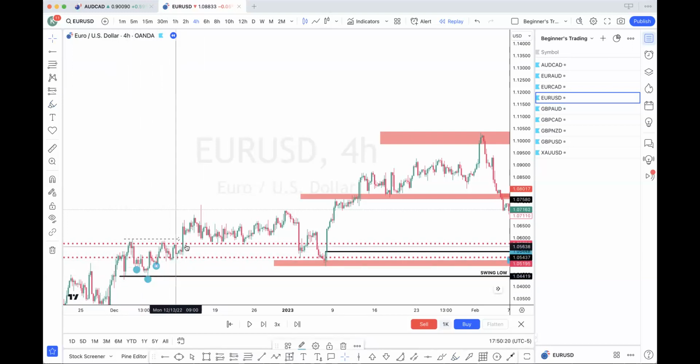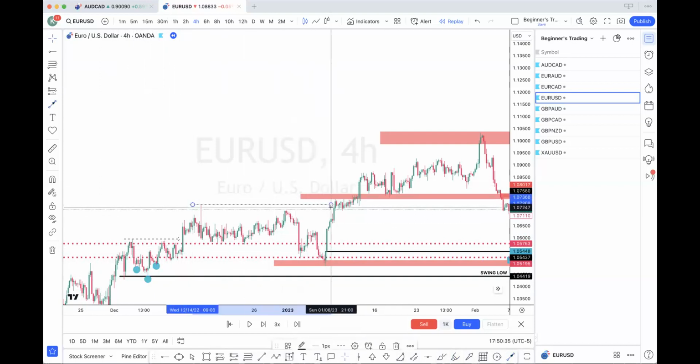So price, although it violated this order block, it never broke the swing low, right? So now you get another impulse move. So now you have the next break of structure, which is here, right? So this was the push up, and then this started pulling back, pulling back, pulling back.